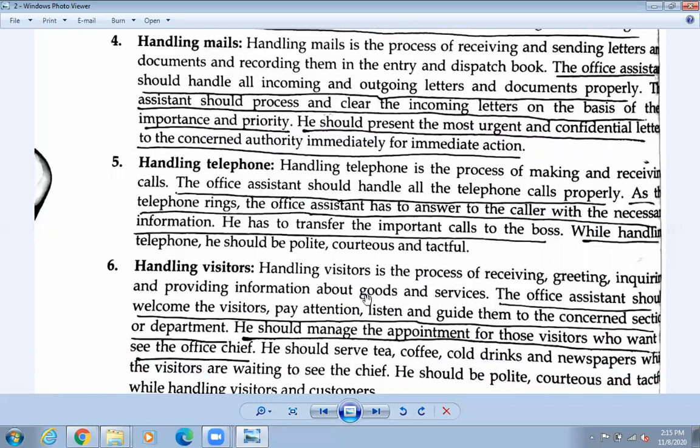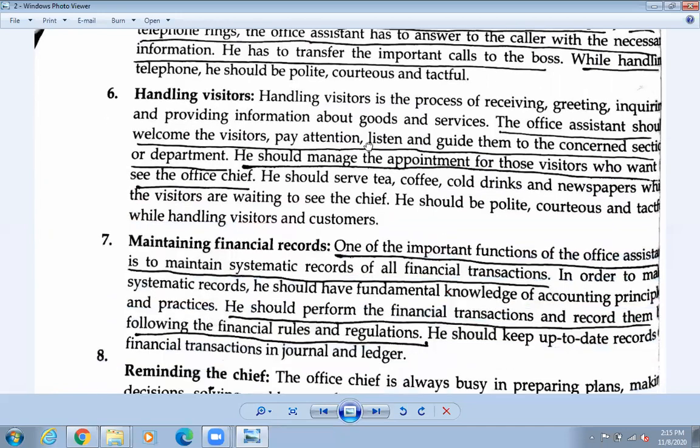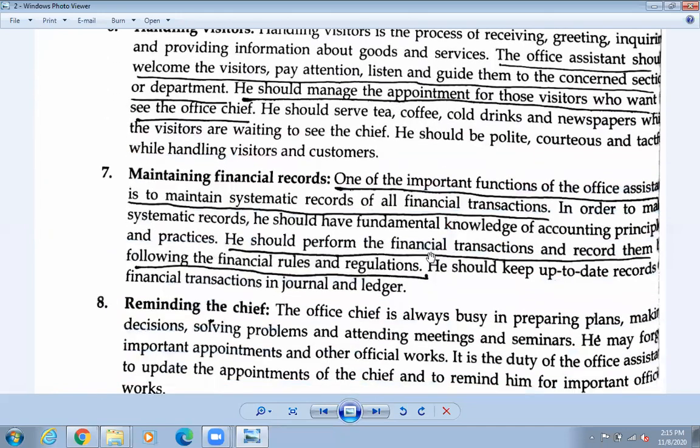Yes, so write down the 7 points. This is up to number 6. Screenshot done. Then number 7. Okay, so in this way you can write down the answer for this question. Is it okay? So, functions and duties of the office assistant.